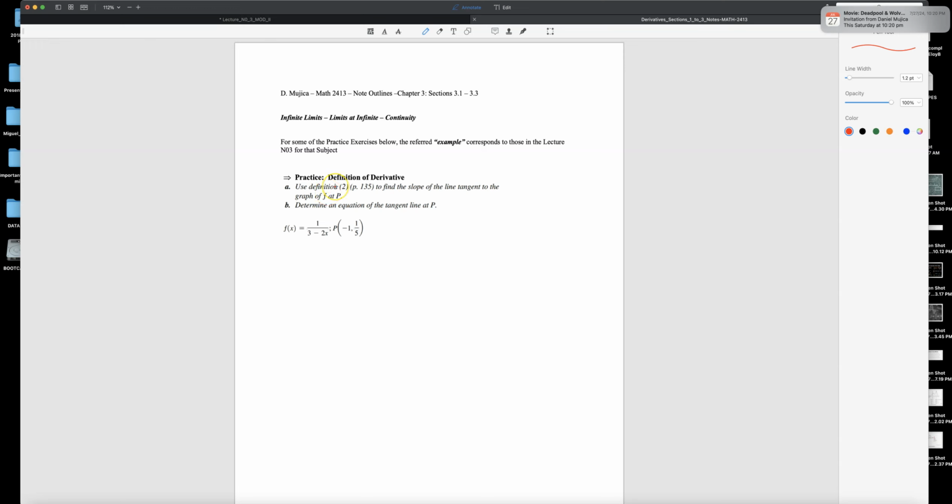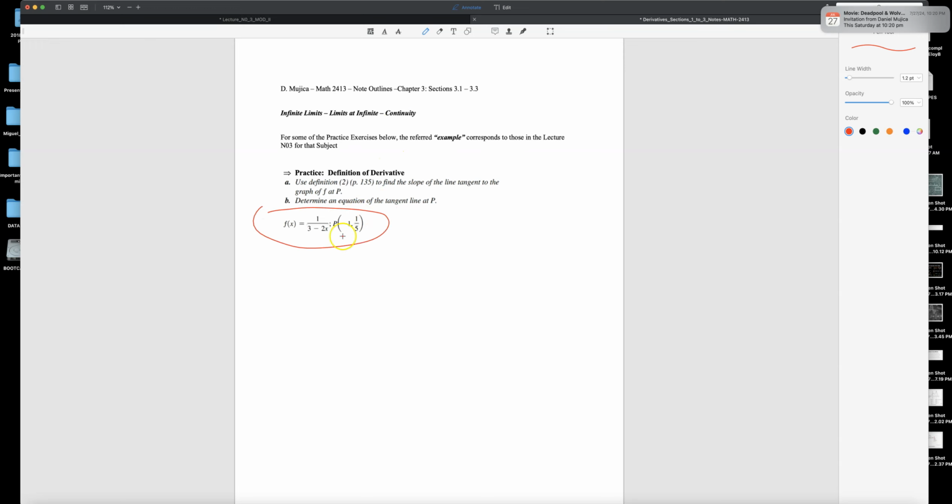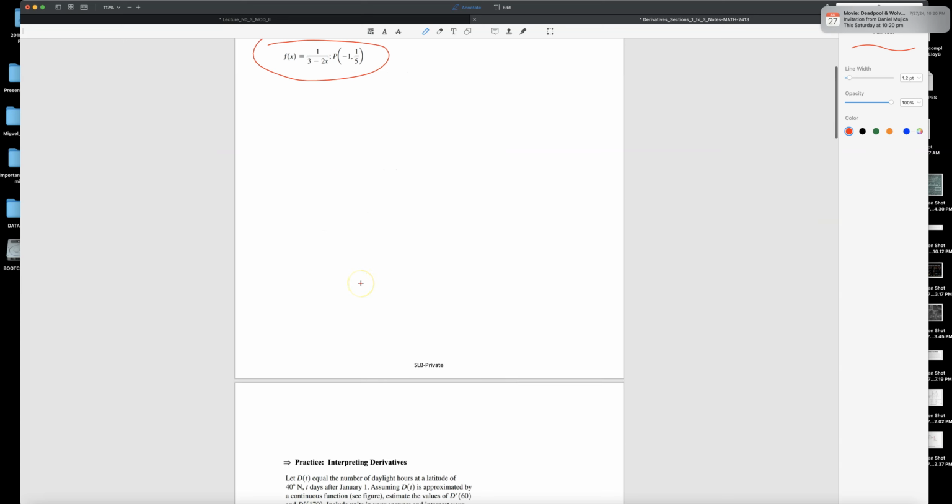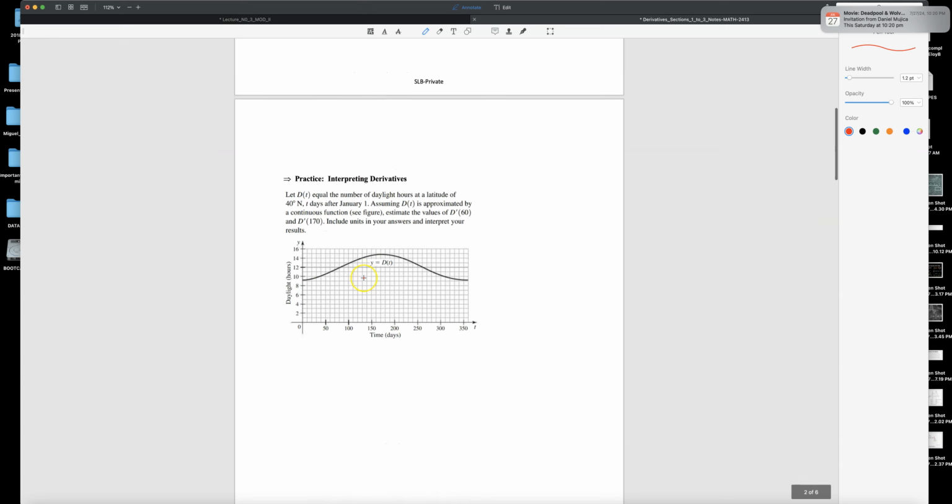Once you finish reviewing your lecture, go and do this exercise. This exercise is from your lecture. This one is an interpretation of the derivative function. This example is very important. Remember the one that I discussed in the lecture, and that was in the previous one.